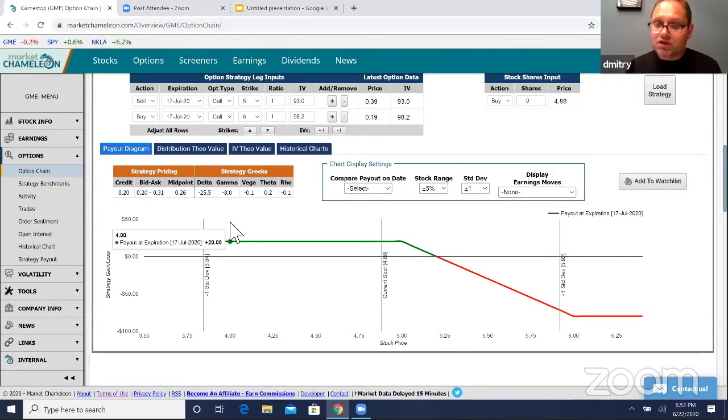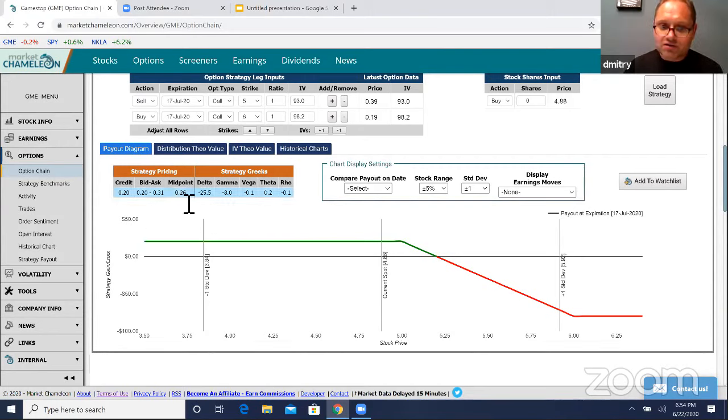And that's where your options will get marked. So if the option is $1 to $1.10, and you bought it for $1.10, they think it's worth $1.05. So immediately it's going to show up in your brokerage account like you lost 5 cents.